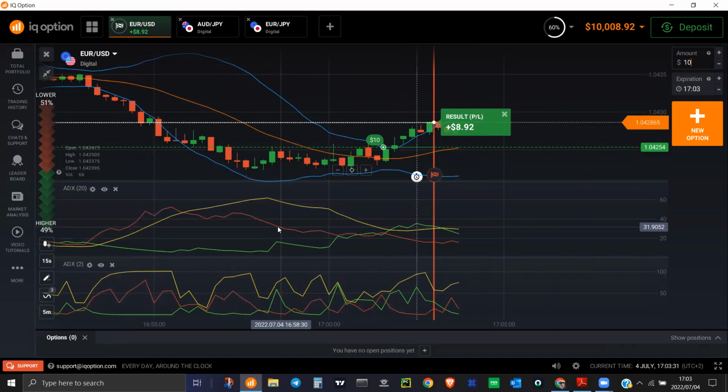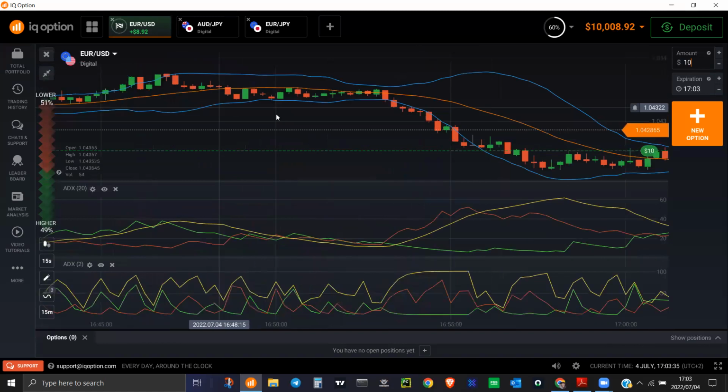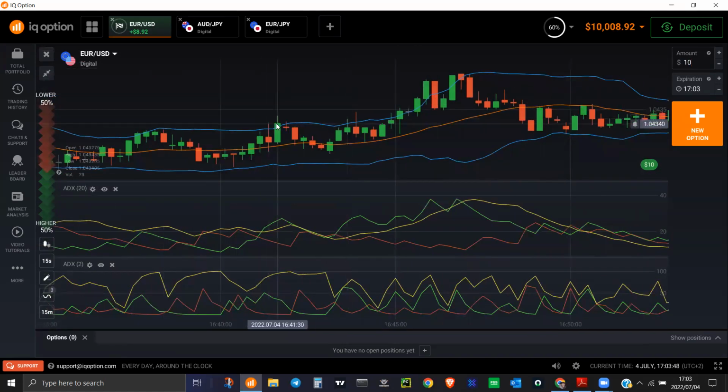Because let's say for instance you have a very simple strategy that says you should buy when the candles are below a Bollinger Band, and you would sell when the candles are above the upper Bollinger Band, right? So in this case, this sell trade would have won. Here it would have won.